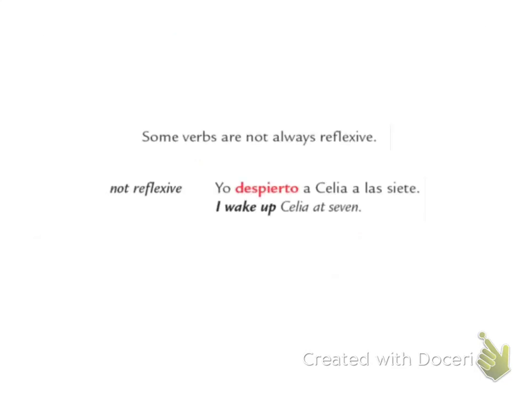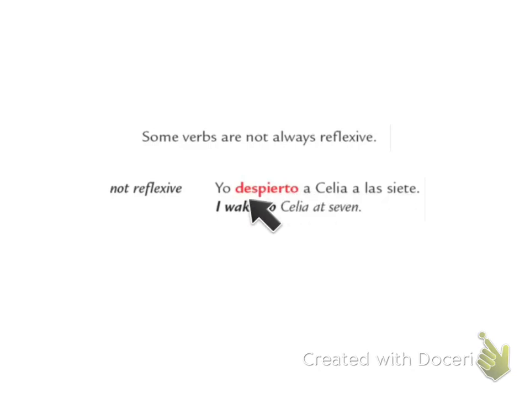I talked about this earlier. Just because it's a reflexive verb on your vocab list, like cepillarse, does that mean that cepillarse is always reflexive? No. Look at this one. Yo despierto. I wake. Who do I wake? Not myself. If it was myself, there'd be a me there. But it's I wake up Celia at 7.